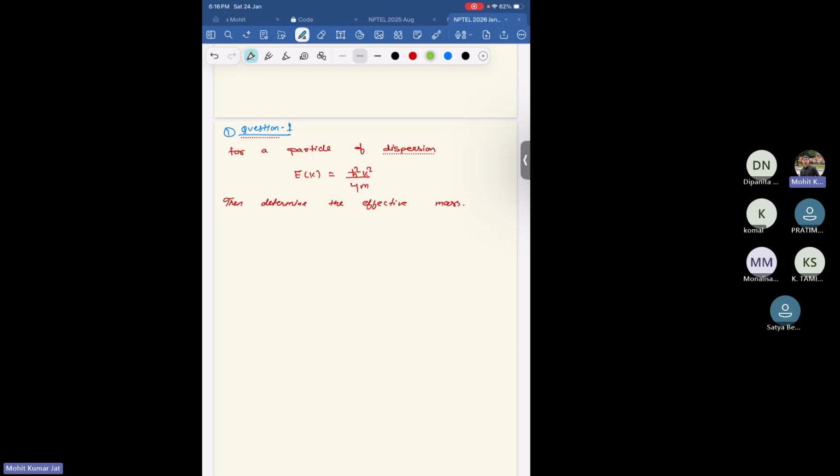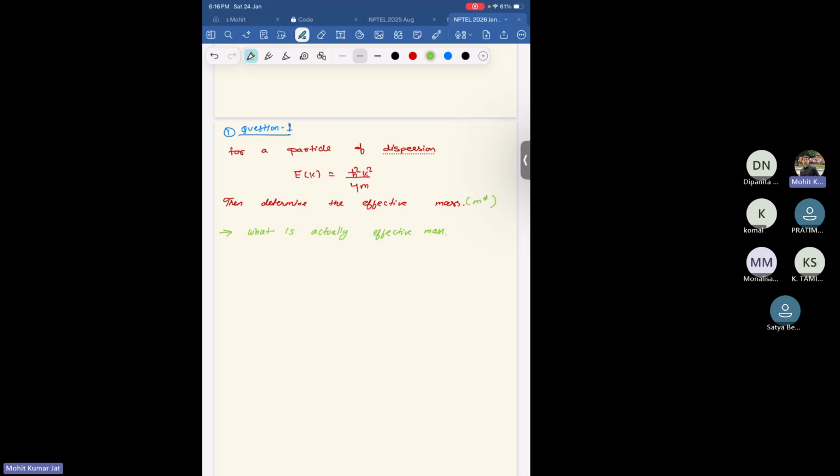So what is this mass m here? And effective mass, let's say m star. So the question first which we should ask is, what actually is effective mass? What do we mean by effective mass?